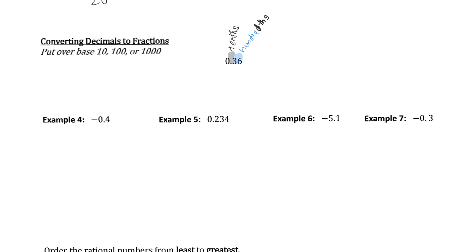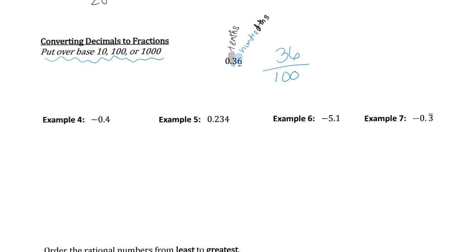So now over here it says put over base 10, 100, or 1,000, or whatever. So what that means is, depending on what decimal place we have here, that's what number we're going to put it over. So since this goes to the hundredths place, we're going to put this decimal, or 36, over 100.